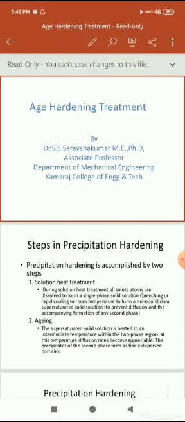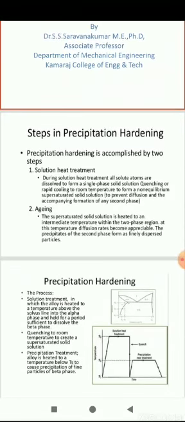But the significant point is how we can improve the mechanical properties of this aluminum alloy, especially the 2000 series, which may also be termed as duralumin.